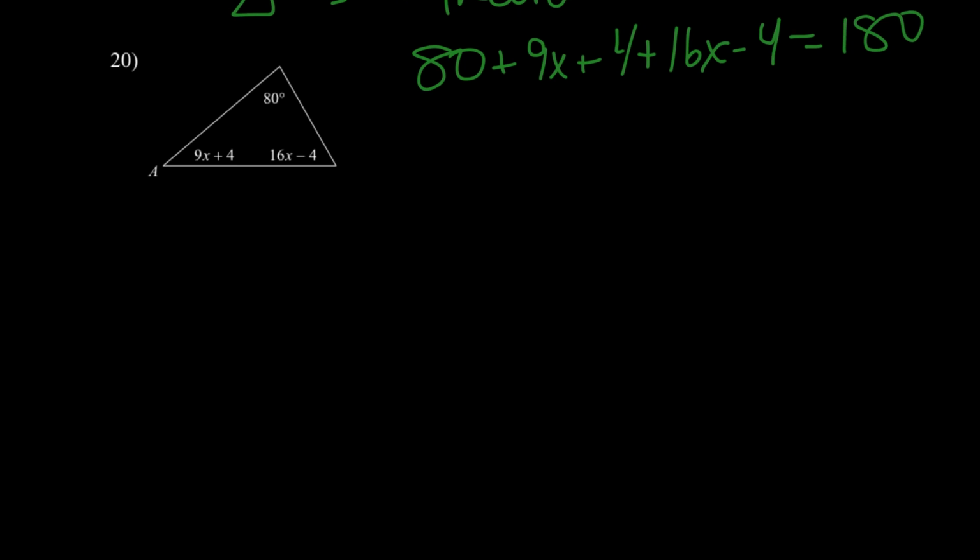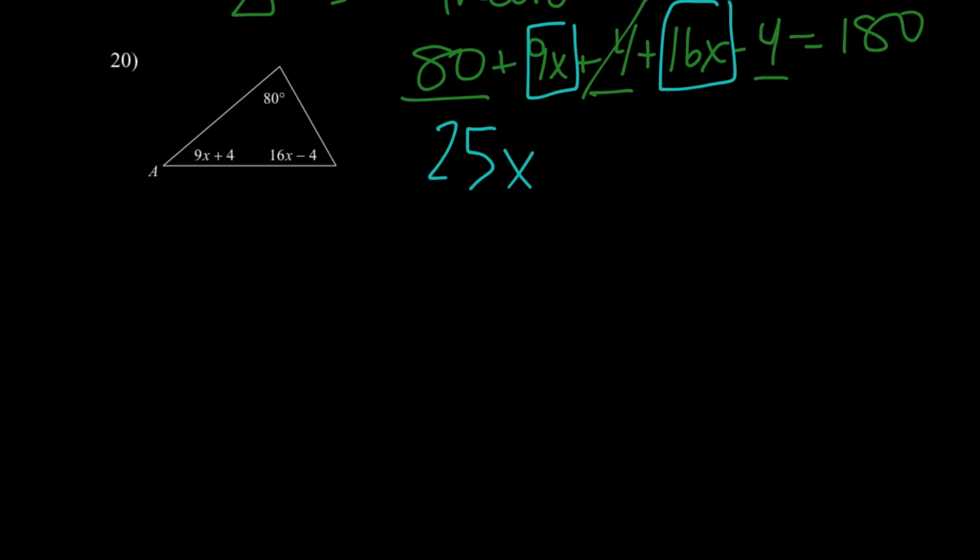And now I go through and combine my like terms. So 9x plus 16x gets me 25x's. And then 80 plus 4 minus 4, well, those are just going to cancel each other out. So I'm left with plus 80 equals 180.